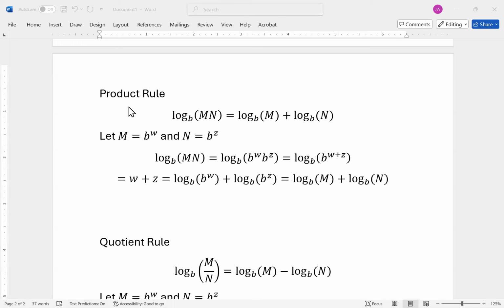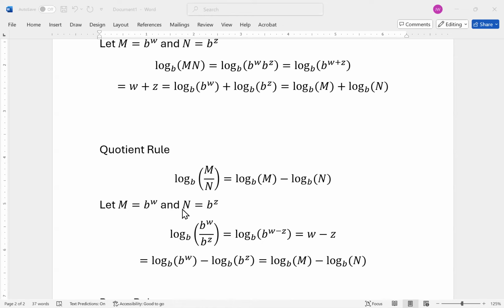Just like I did with the product rule, I'm going to show you where the quotient rule and the power rule of logarithms come from. So we saw where the product rule came from. It came from letting m equal b to some power, we called it w, and n equal b to the z power. With the quotient rule, I do the exact same thing. I let m be b to the w and n be b to the z power.